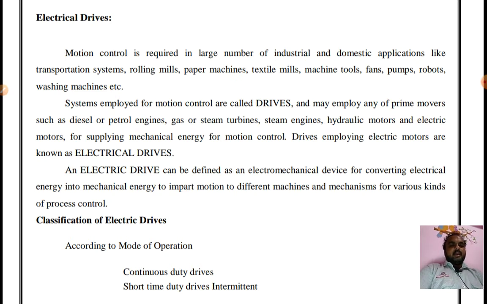Systems employed for motion control, movement control or rotation control, either rotational or translational, are called drives, and may employ any of the prime movers such as diesel or petrol, gas or steam engines, hydraulic motors and electric motors for supplying mechanical energy for motion control.